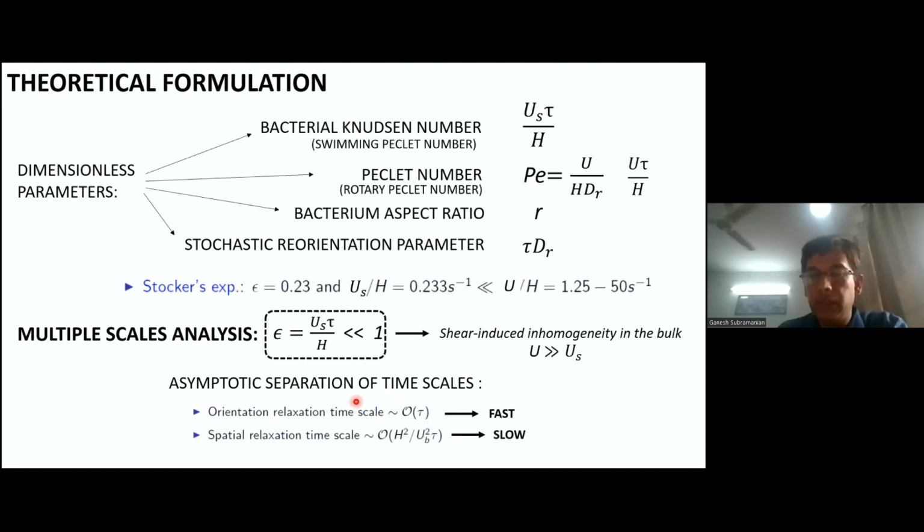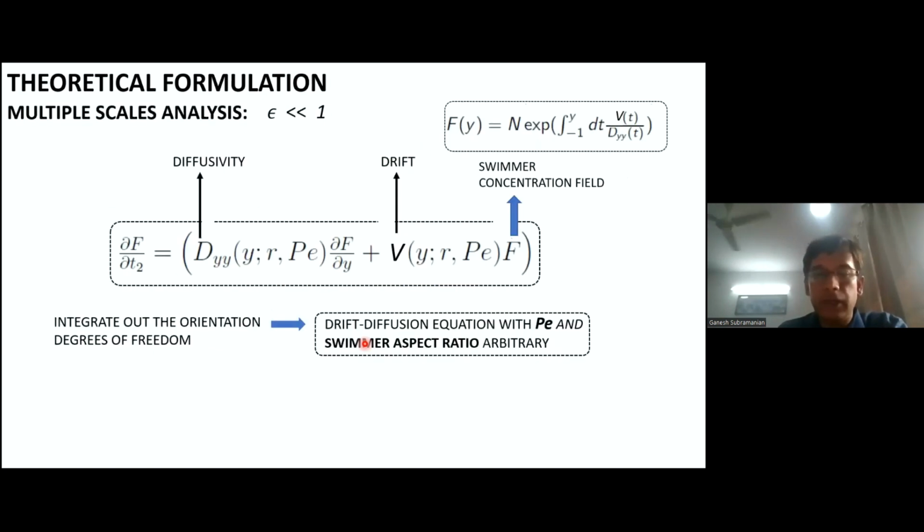Then the spatial dynamics is governed by, you can integrate out the orientation degrees of freedom and arrive at what is written here, just a simple drift diffusion equation. So D_yy here, y being the gradient coordinate, is the gradient component of the diffusivity, and v here is the gradient component of the drift.